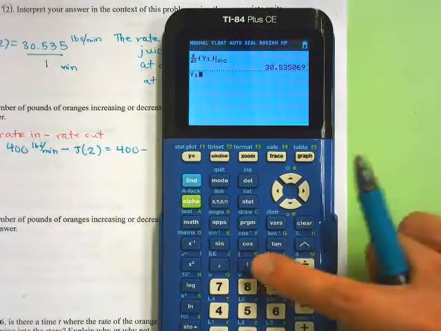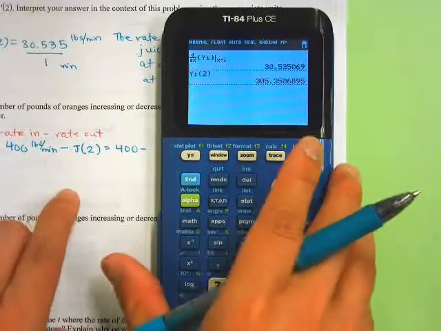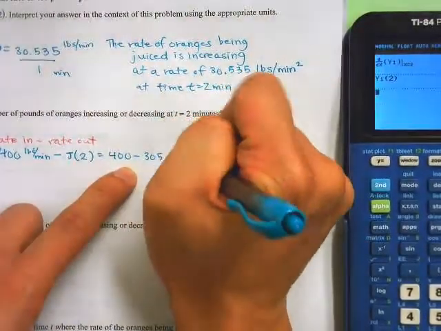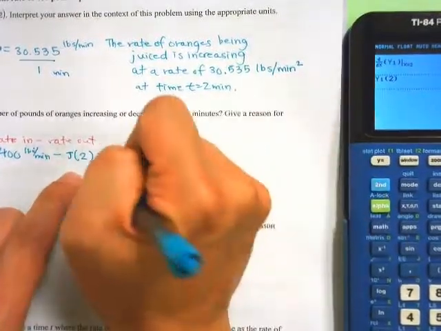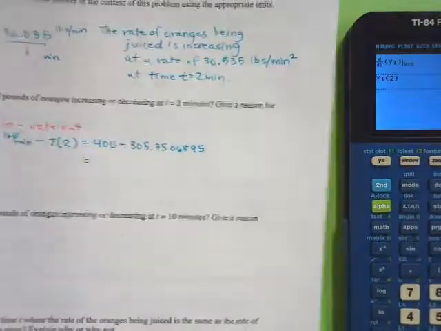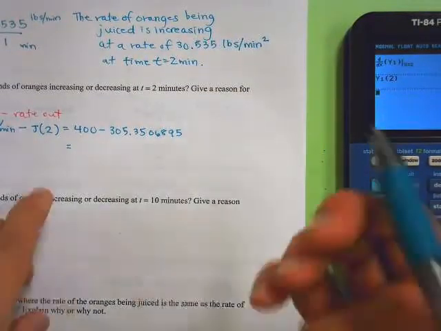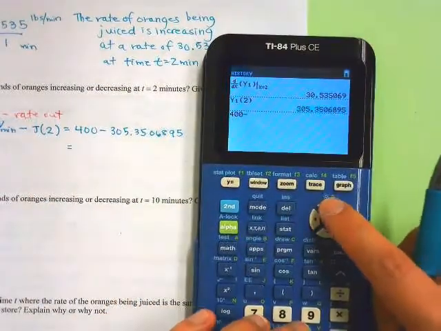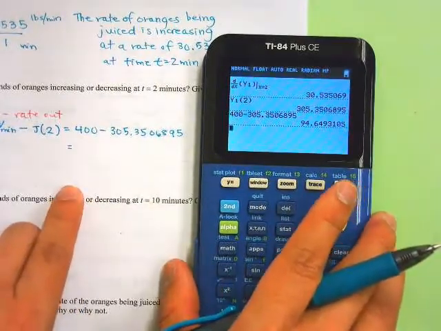So y of 2: 305.3506895. Do not round any of your decimals until the very end. So 400 minus, 94.649 will be okay.